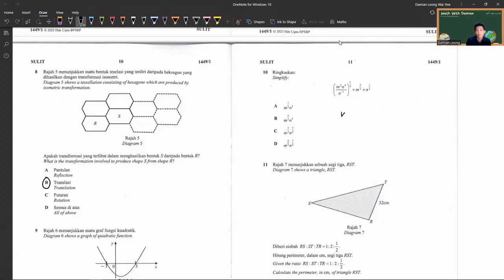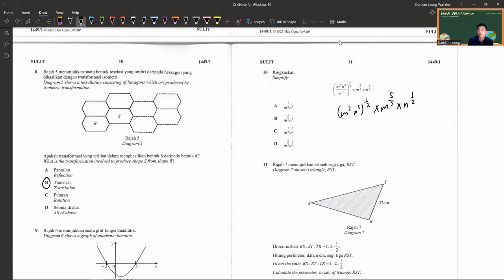It means it becomes m square n to the power 5, power half, times m to the power 5 over 2 times n to the power half. So we expand the bracket, power half.